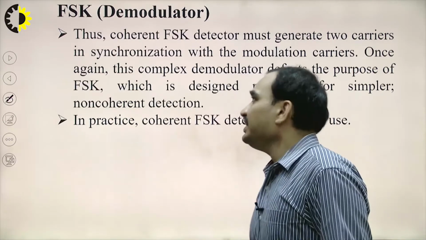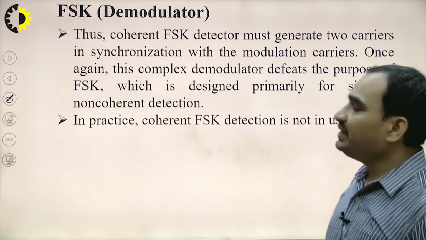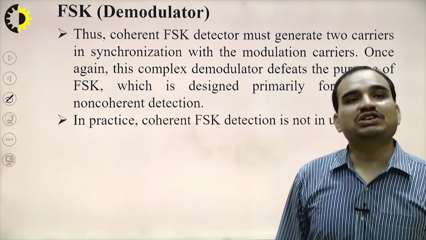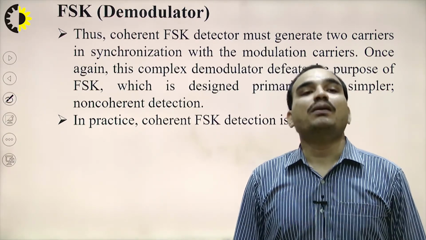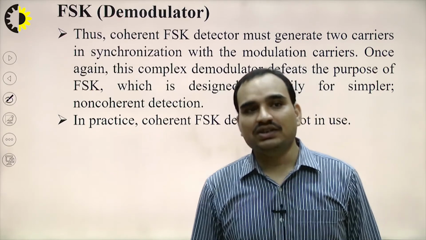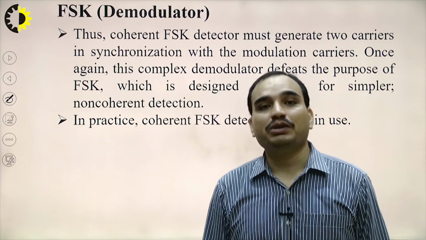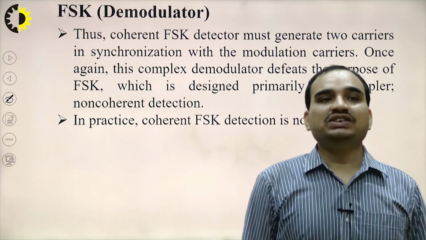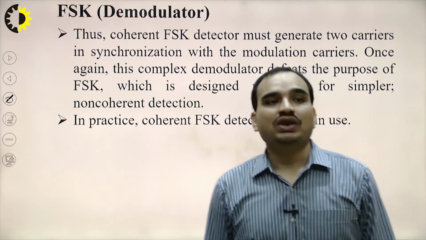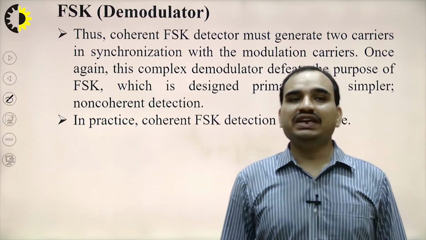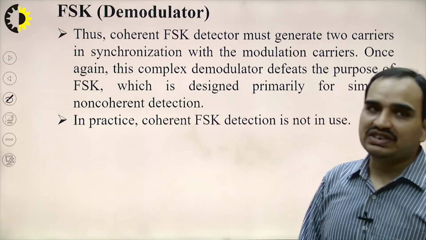As we can see in the diagram in the slide, a coherent FSK detector must generate two carrier frequencies in synchronization with the modulation carrier. Once again, the complex demodulator defeats the purpose of FSK, which is designed primarily for simpler detection. So in practice, coherent FSK is not in use, so we especially use non-coherent FSK.